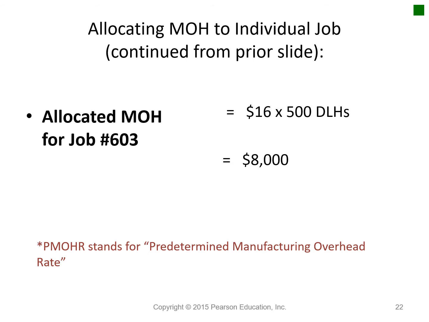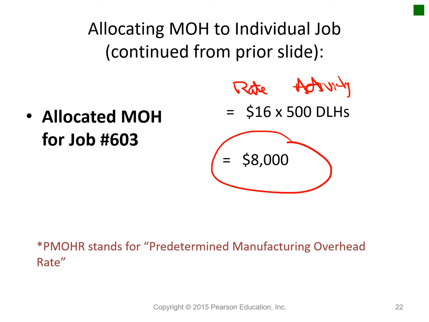In this case, you would get $8,000. $16 is the rate, 500 is the activity, and once you multiply that, you get $8,000. That's going to be your third product cost for this particular job. Now remember, this is an estimate, not actual. Later on, we'll show you what you do with the actual overhead as well.